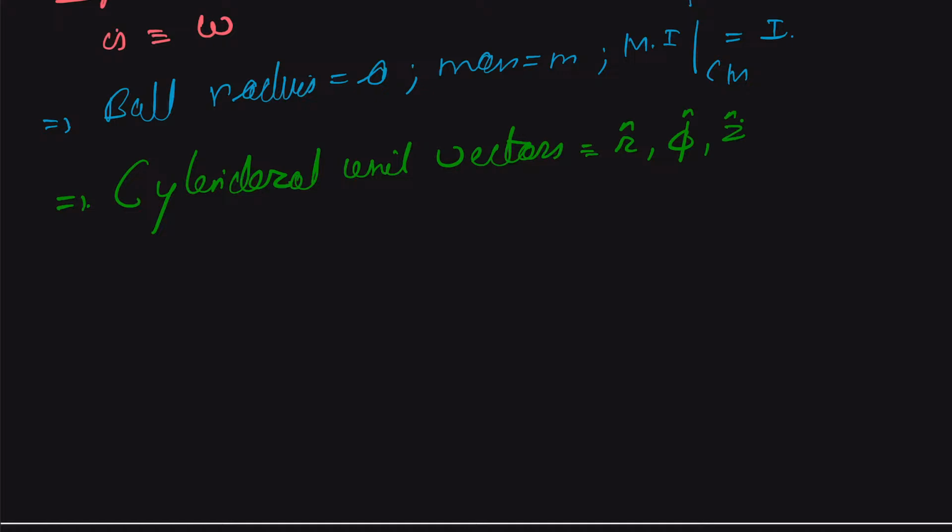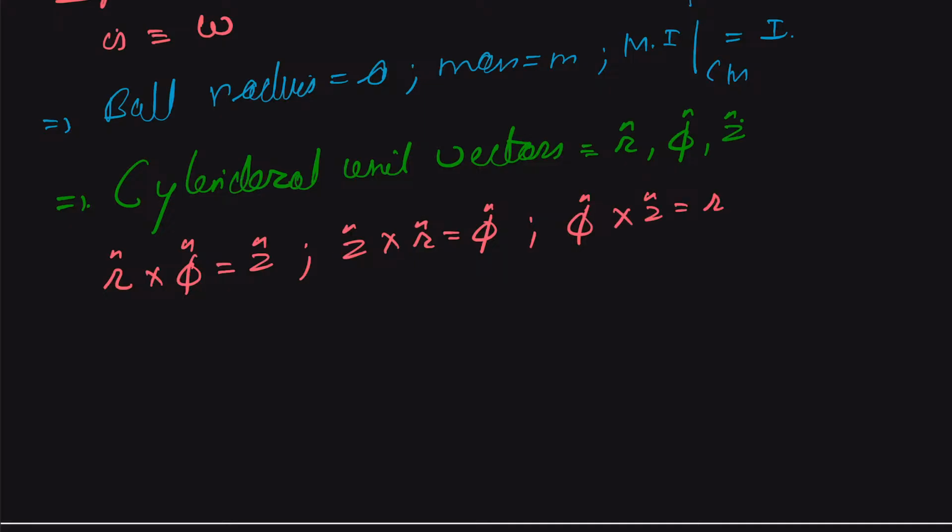The r unit vector cross phi unit vector is going to give us the z unit vector, and z cross r is going to give us phi, and finally phi cross z is going to give us the r unit vector. So this we have to remember.